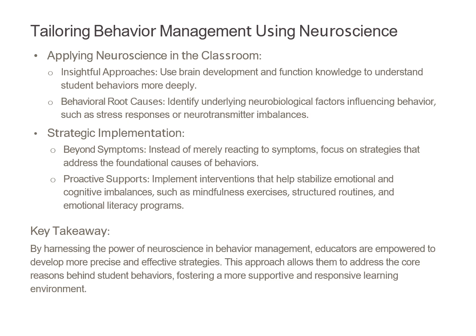This might include incorporating mindfulness exercises that help students regulate their emotions, establishing structured routines that provide security, or promoting emotional literacy to enhance self awareness and empathy among students. The main point to remember here is both profound and simple. By incorporating neuroscience into our behavior management strategies, we are not just reacting to problems, we are preventing them.